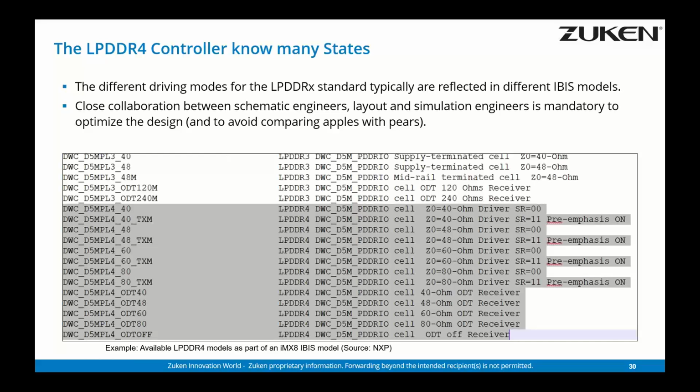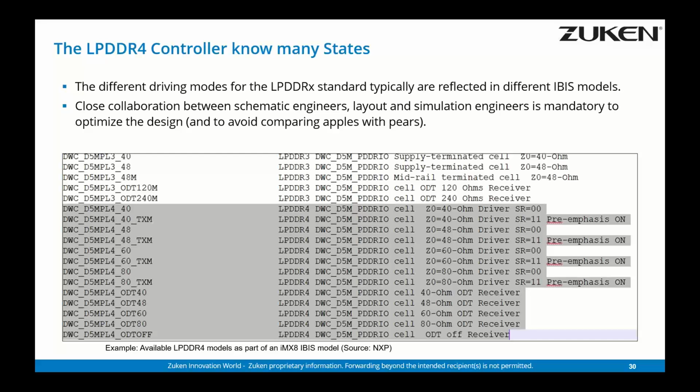And the features of low power DDR4 unfortunately open a little bit the box of Pandora, if you would like to phrase it that way. All the different settings you can define on the driver side and on the receiver side are reflected by different models in the IBIS model of the silicon vendor.